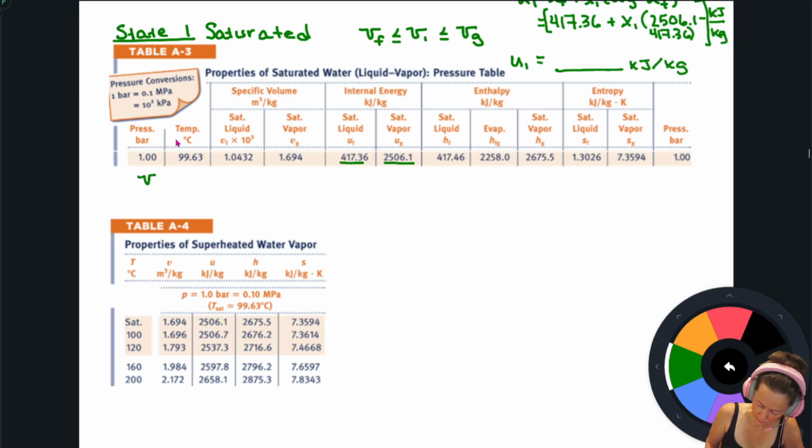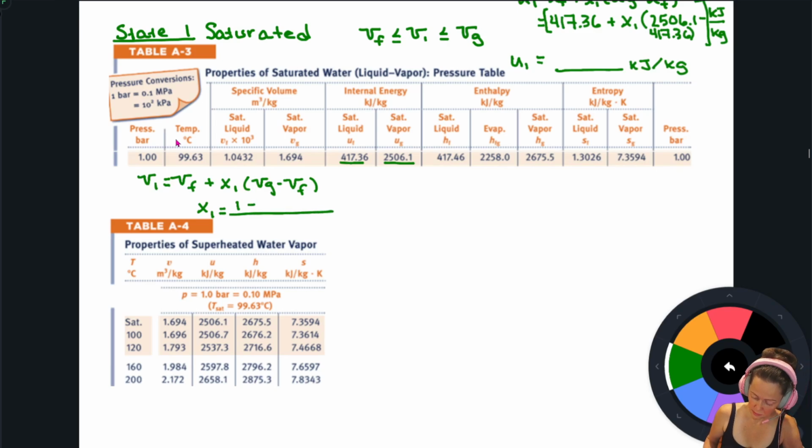The quality is also governed by a relationship with V sub G and V sub F. So my quality is going to be V1, which I know to be 1, minus my V sub F, which is 0.001432, over my V sub G, 0.694, minus my V sub F, 0.001.